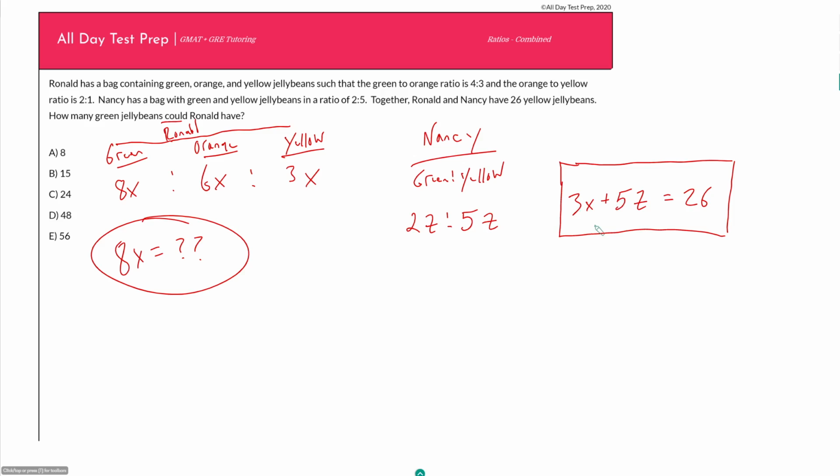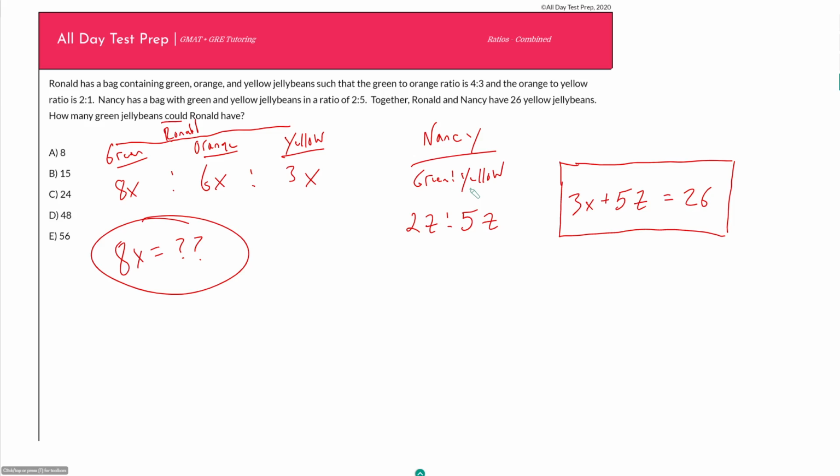And so let's think about this for a second. We know 3x plus 5z. And so 3x is the number of yellow jelly beans that Ronald has. 5z is the number of yellow jelly beans that Nancy has. So 3x and 5z each have to be integers. They've got to be whole numbers.